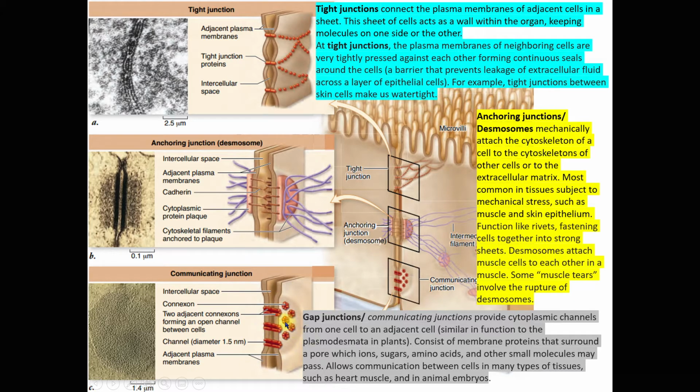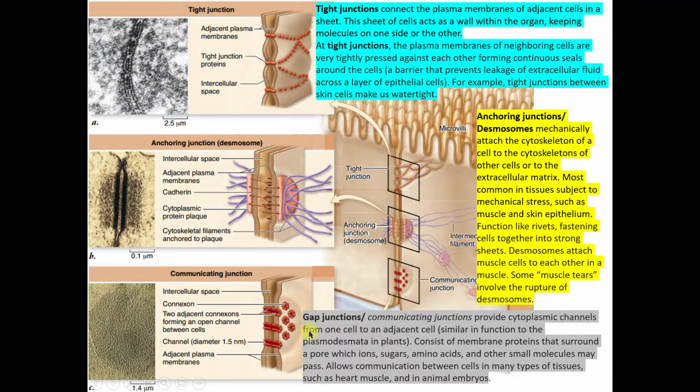Very similar in function to the plasmodesmata in plants. Class, always remember plasmodesma singular or plasmodesmata plural only found in plant cells, tidak dalam animal cell. In animal cell kita ada communicating junction.